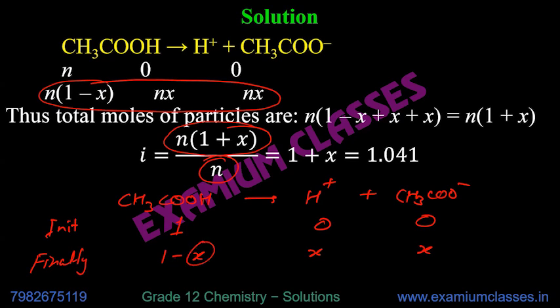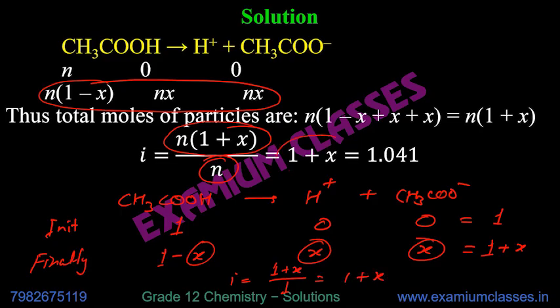If x dissociates out of 1, x will be produced, x will be produced, because the ratio is 1 is to 1 is to 1. If you add all these, you will get 1 plus x. i will be after divided by before. After is 1 plus x, before is 1. You will get 1 plus x. Same.